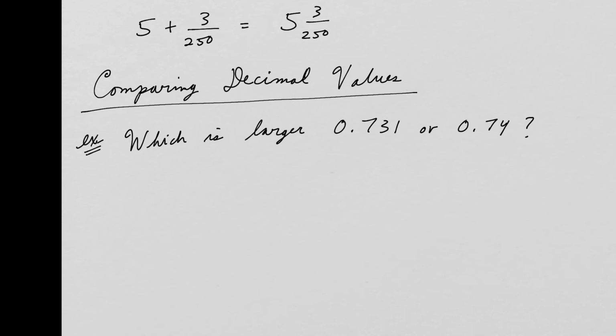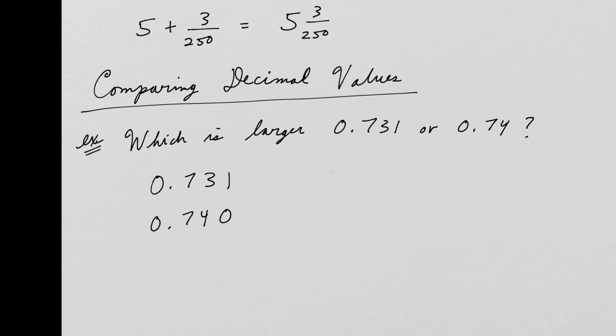Okay, so the way that you do this is you line up all the place values. So I'll write down both numbers here. And if you're missing something, you can put a 0 in for that position. So 0.74 is the same as 0.740. And then all we do is we compare the numerals, the numbers at each place value.